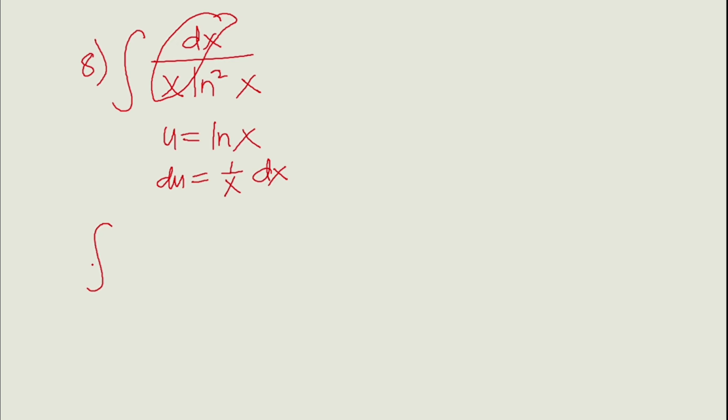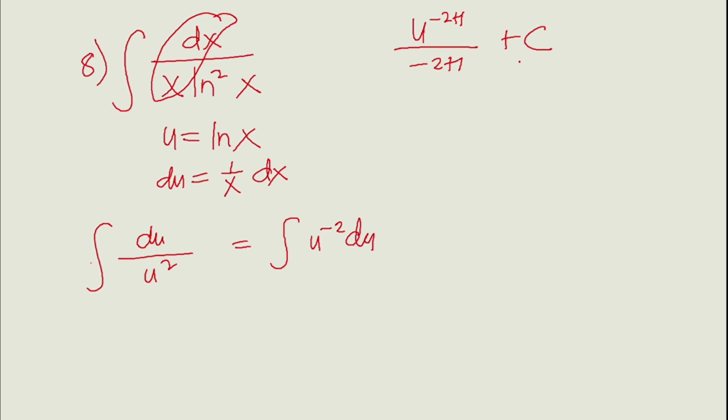So the integral of du over u squared. This is the integral of u raised to negative 2 du. So u raised to negative 2 plus 1 over negative 2 plus 1 plus c.